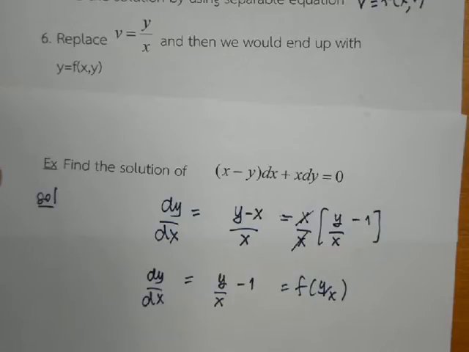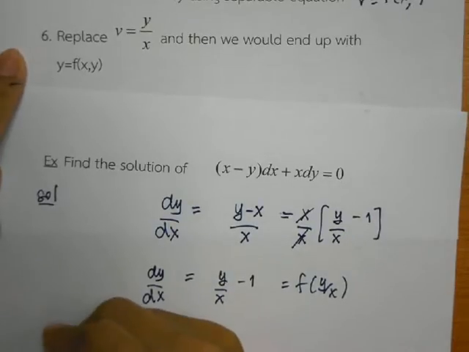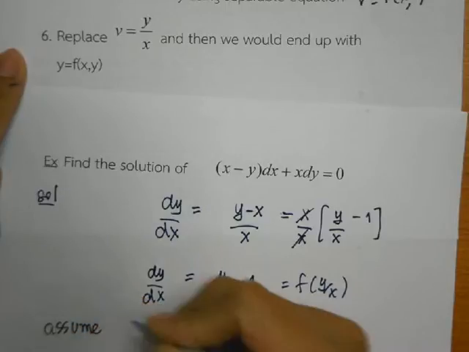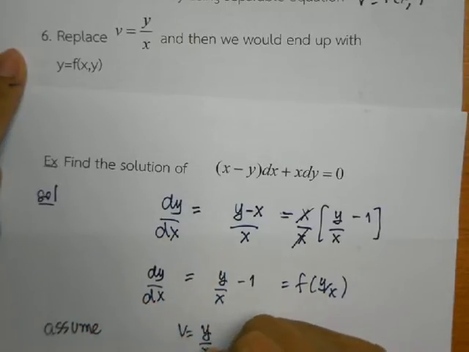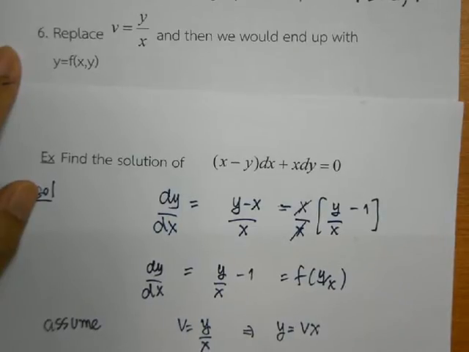So first, we got to assume v equal to y over x. And from this assumption, we would end up with dy by dx is equal to x dv by dx plus v.